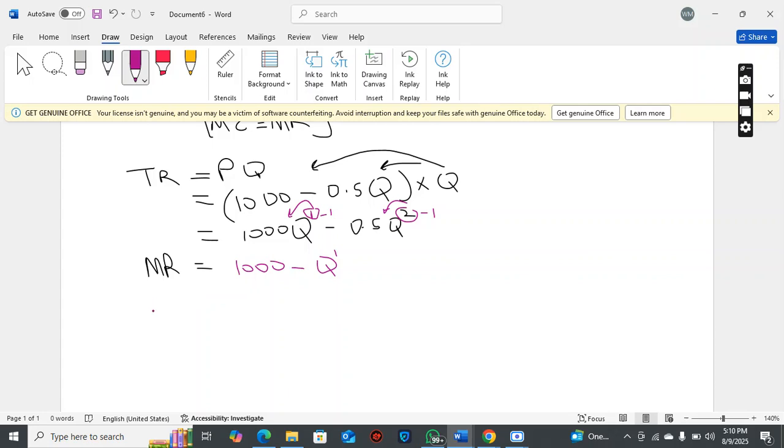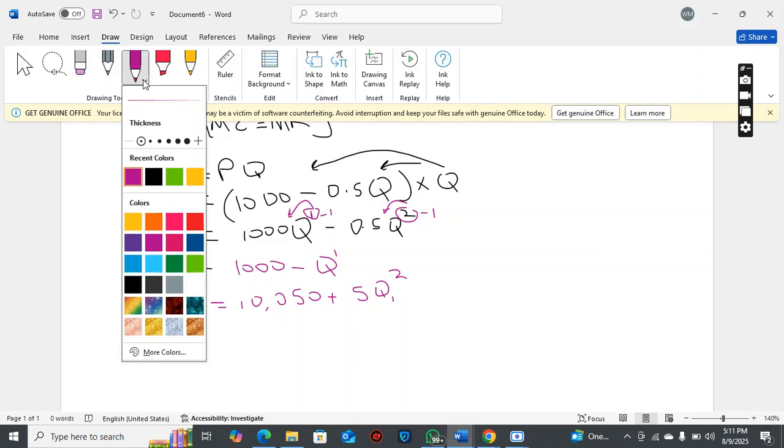Okay, now we go to our total cost functions. Our first one here is C(Q1) equals 10,050 plus 5Q1 squared. To get our marginal cost, we need to differentiate.